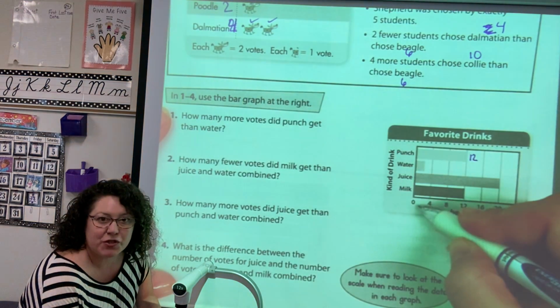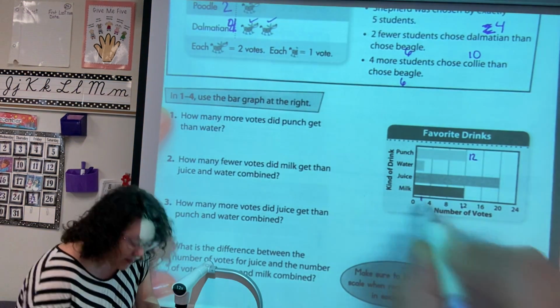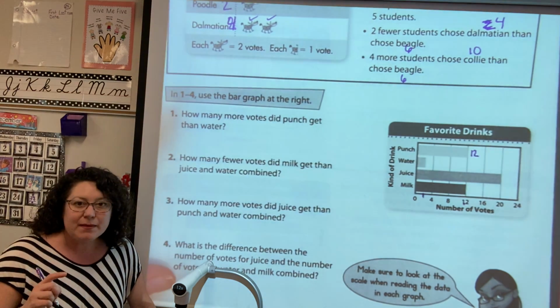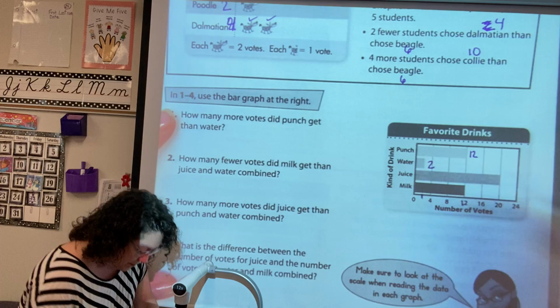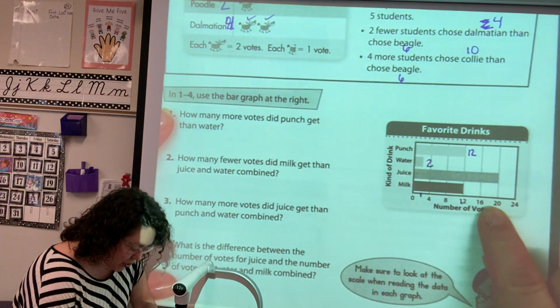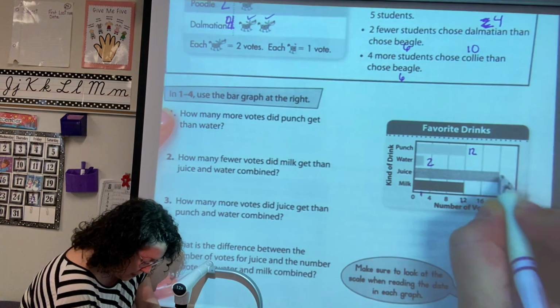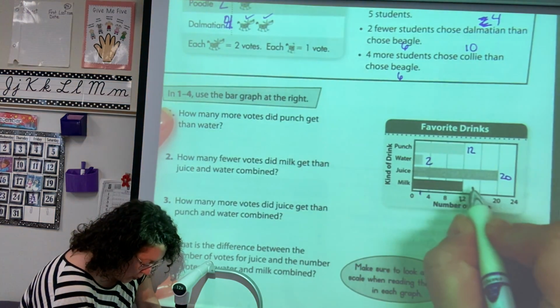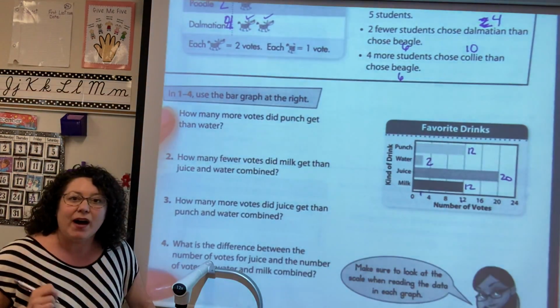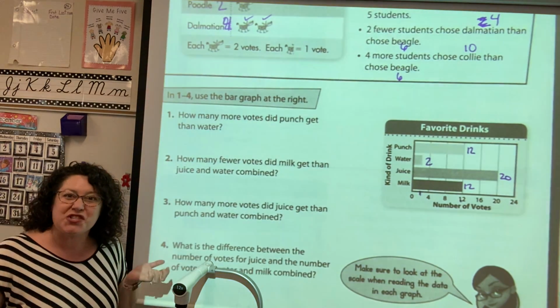Water, if I come straight down, it's in the middle now. So it's not 1, but what's half of 4? 2. Very good. Juice, I go straight over to 20. And Milk straight over lands on 12. So now I have all of my data done, and that makes the question super easy to do.